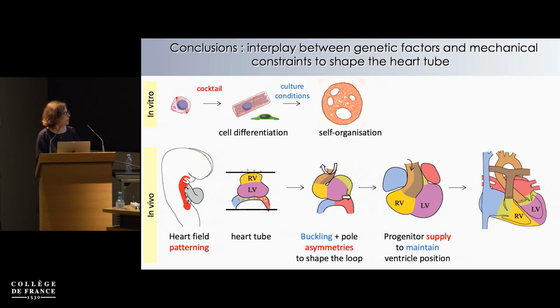There is an interplay between genetic factors like Nodal and Grhl1 and mechanical constraints, like the buckling when the heart tube elongates between fixed poles, or the constraints when one part of the tube stops growing, and how this can affect ventricle position, as models of two diseases, heterotaxy and crisscross heart.